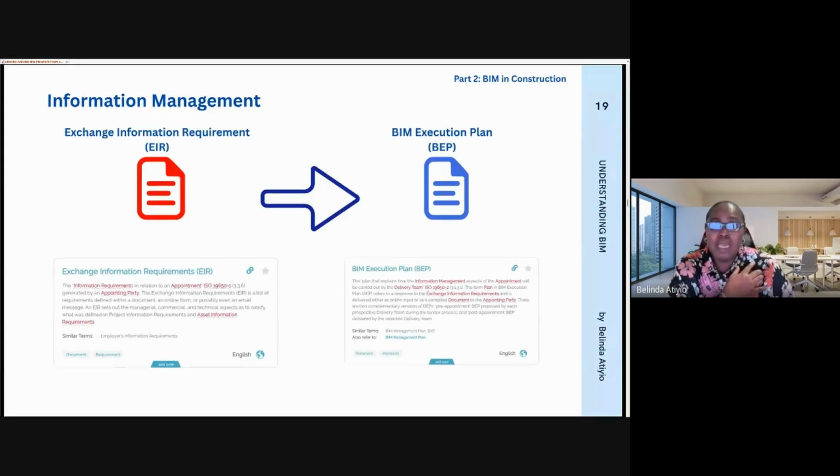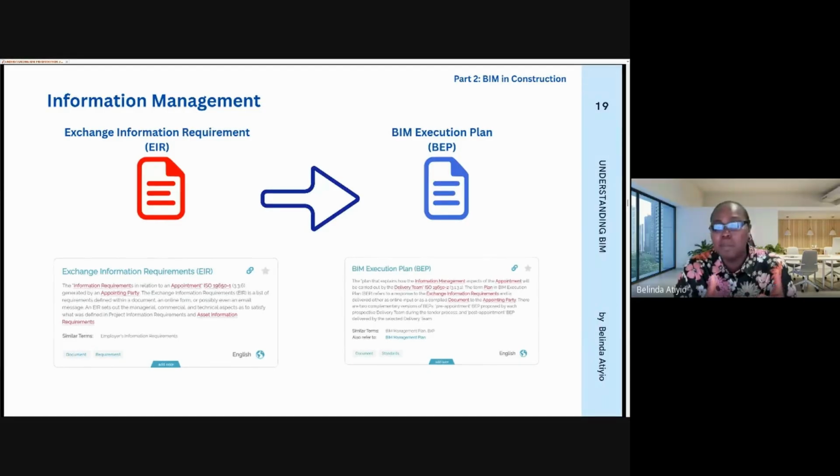Now, we have, over time, from practice, seen that a lot of clients don't have BIM experts within their organizations, and they are not knowledgeable enough to know that they need this document. So what we've done in ACCL, for example, is that we have a template of a BIM execution plan, which we will share with the client, and the client will be able to accept or amend.